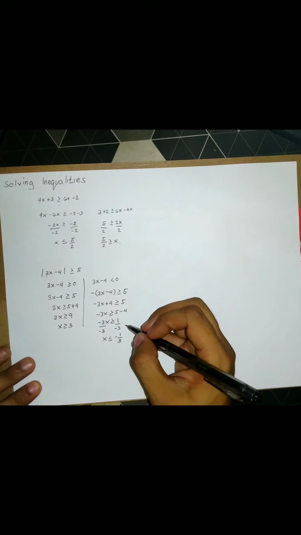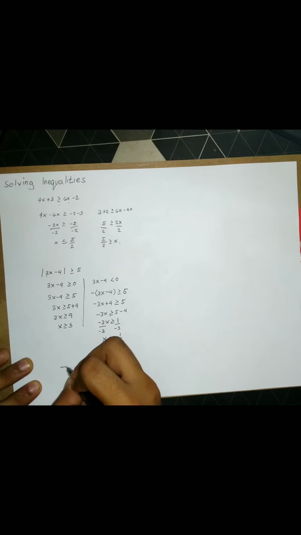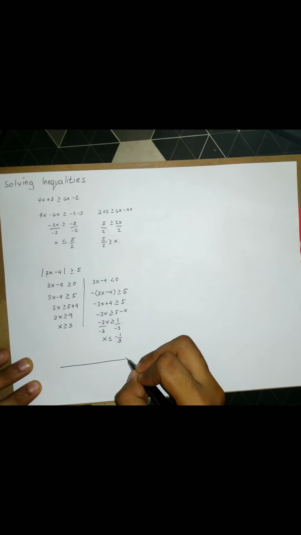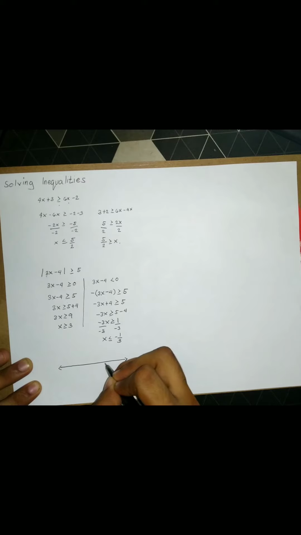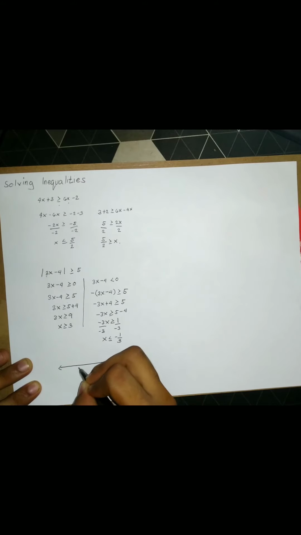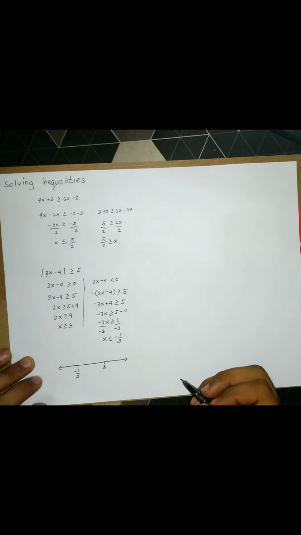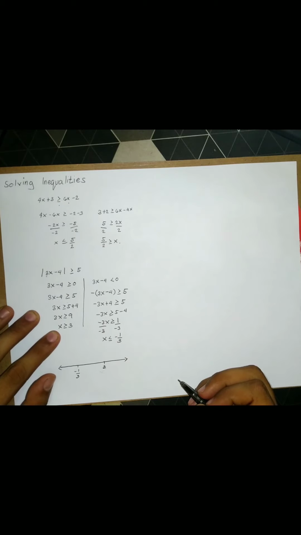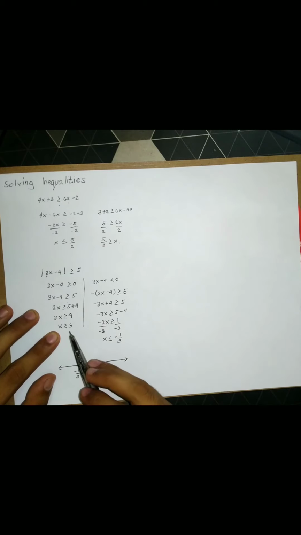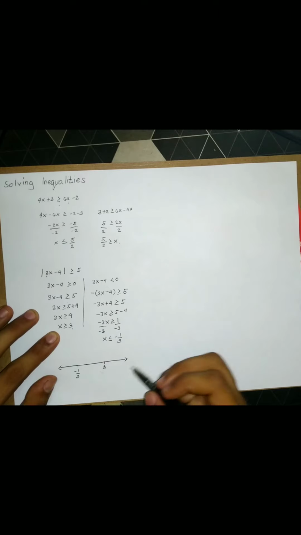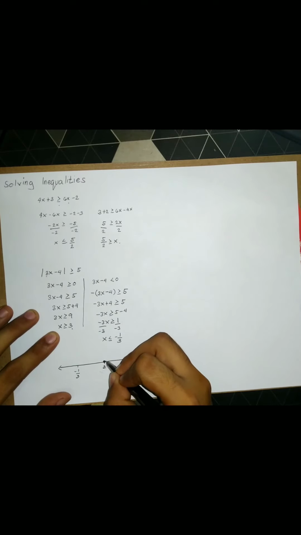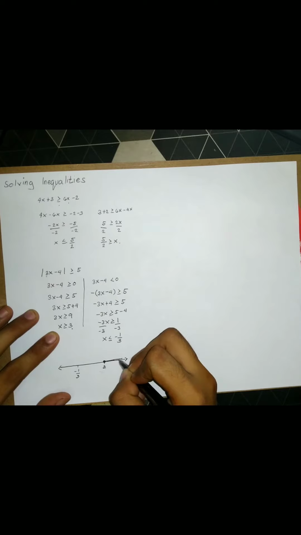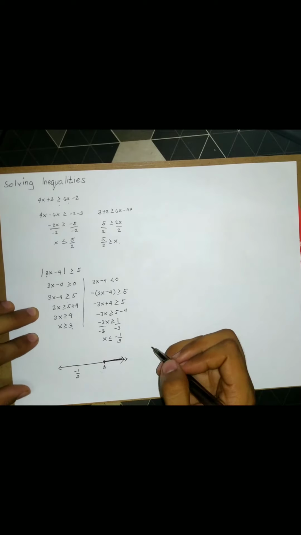If we want to graph in order to visualize, if this is 3 and then somewhere around here is negative 1/3, it says here in the first value x is greater than or equal to 3. So from here it moves in that direction.